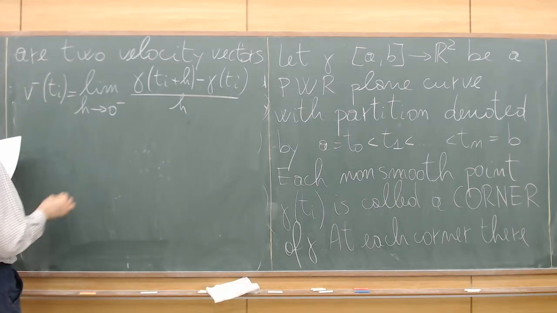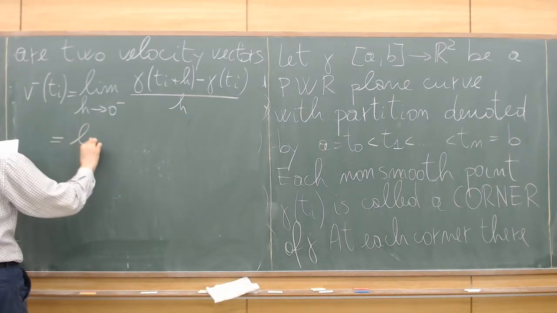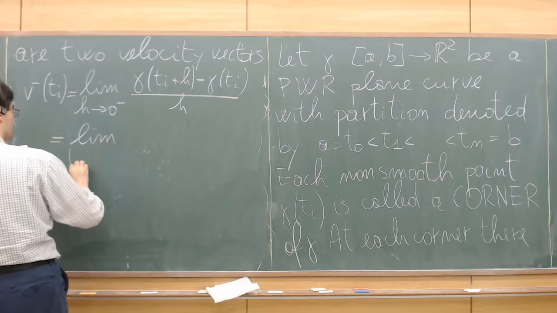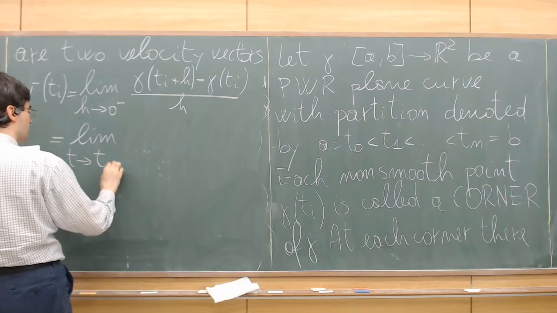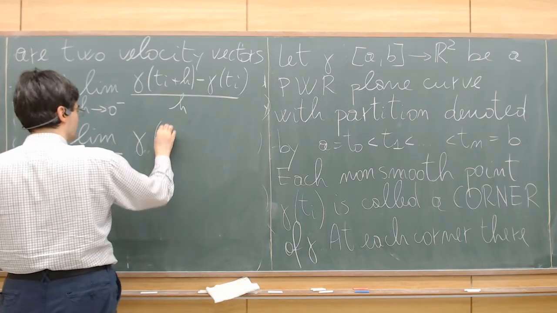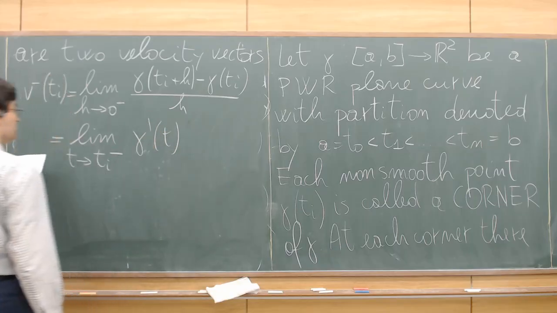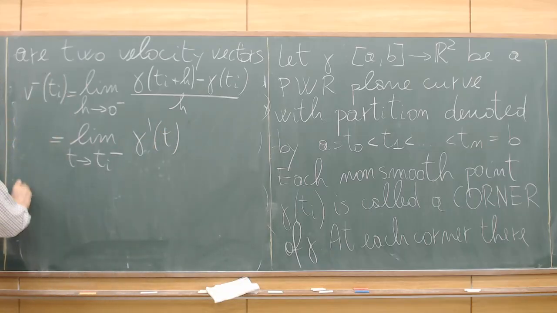This can be also written as a limit as t tends to Ti minus of gamma prime t, and there is also V plus Ti.